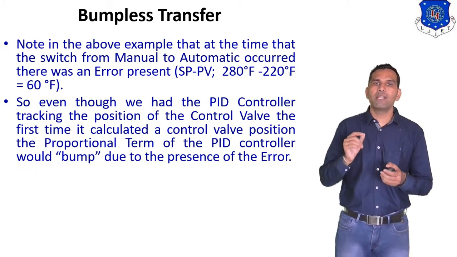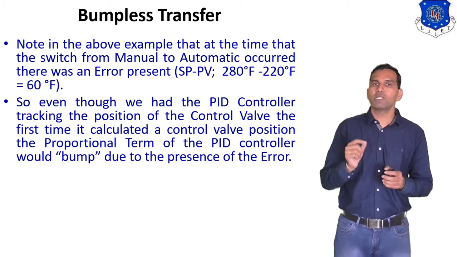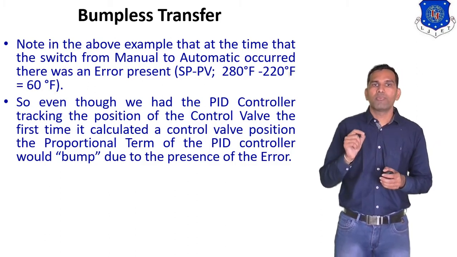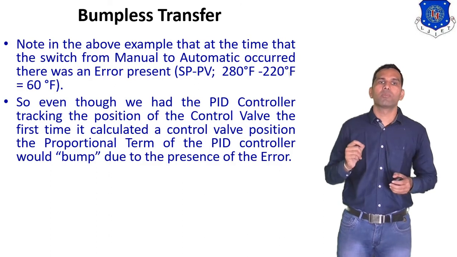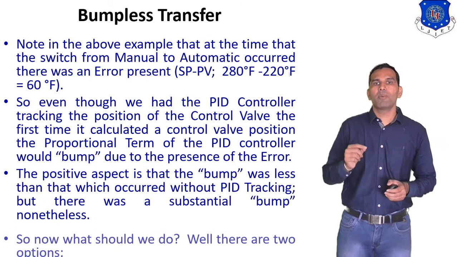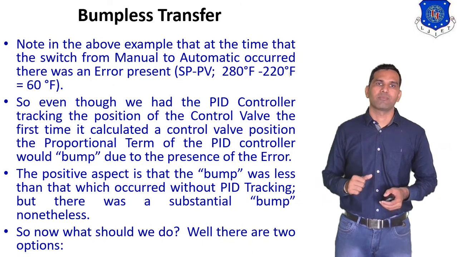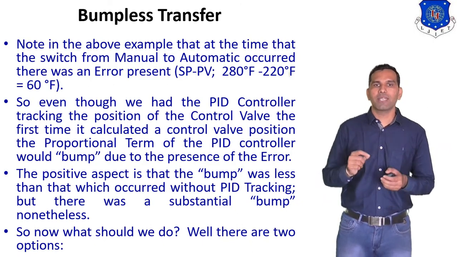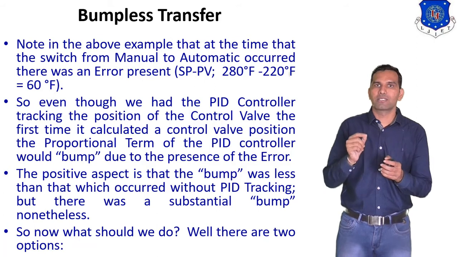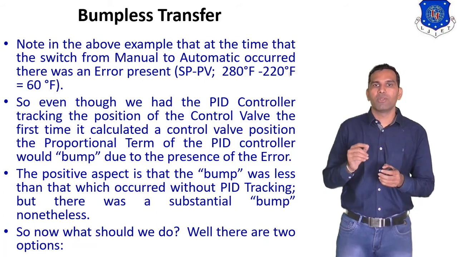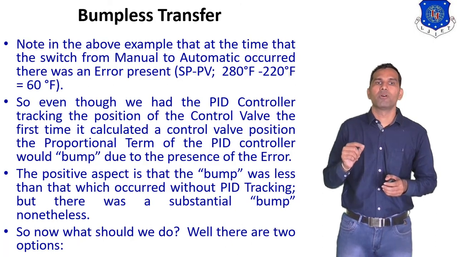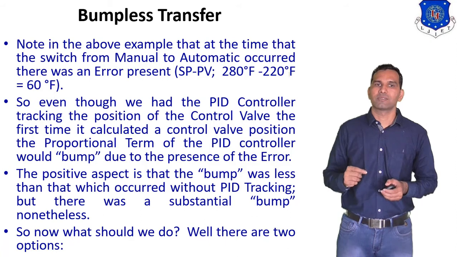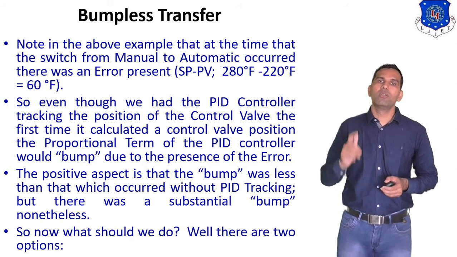So even though we had the PID controller tracking the position of the control valve, the first time it calculated a control valve position, the proportional term of the PID controller would bump due to the presence of the error. The bump was less than what occurred without the PID tracking, but there was a substantial bump nonetheless.